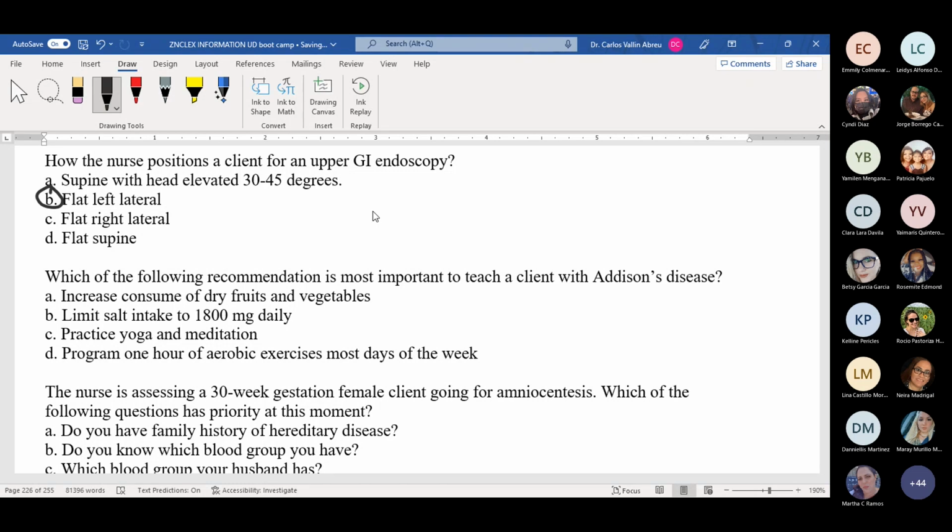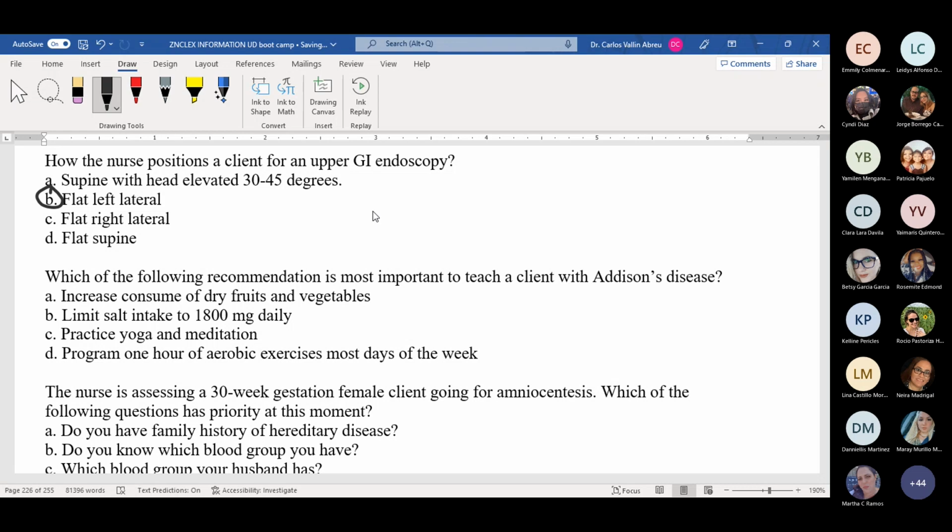Here we have another example. So please, when you prepare for your exam, try to make a list, like a flash card, of positions in different procedures and in different scenarios.